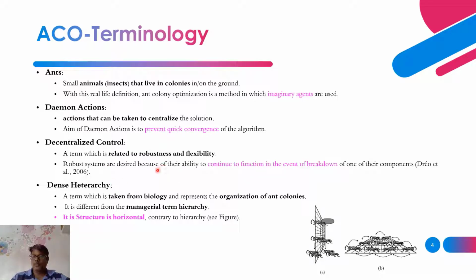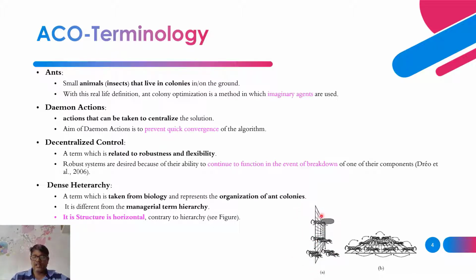So that's been discussed, and then comes the dense hierarchy. The term is taken from biology and represents the organization of an ant colony. It's different from the managerial term hierarchy. In the case of hierarchy, the arrangement is vertical. You can see there is a boss, below that there is an employee, and below that the low level employee comes.